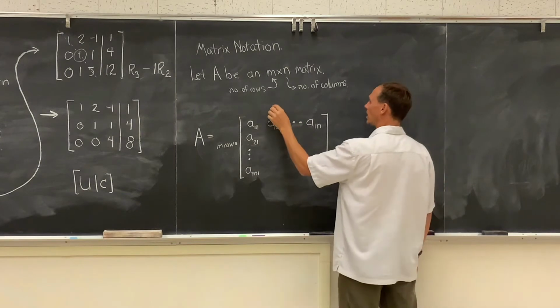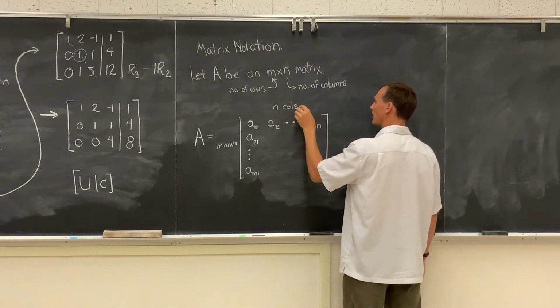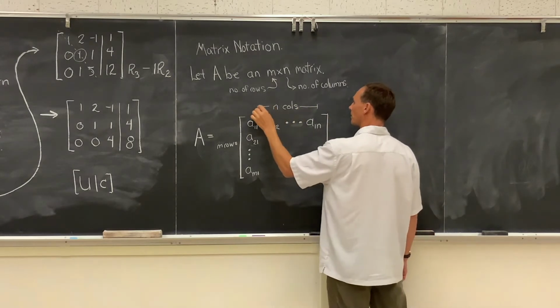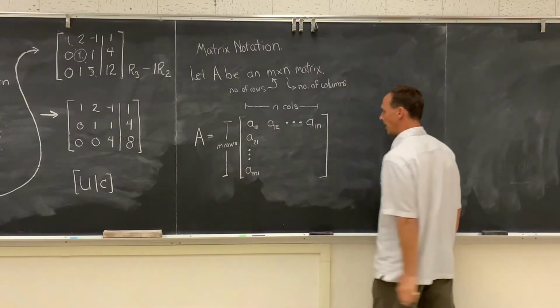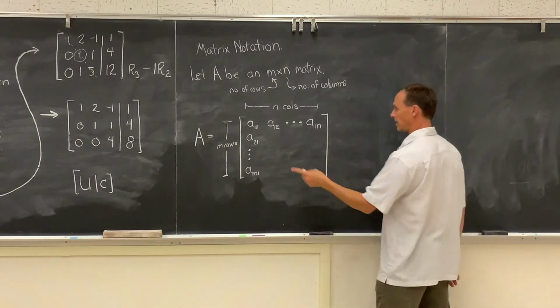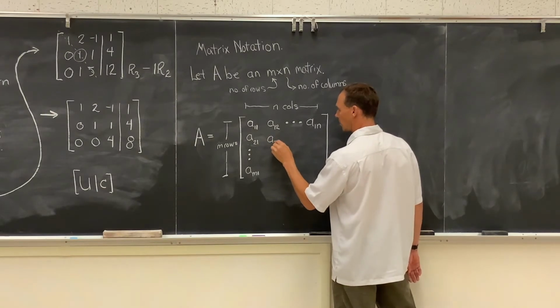So there's n columns, M rows. And now if I came down here, this is A, row 2, column 2.